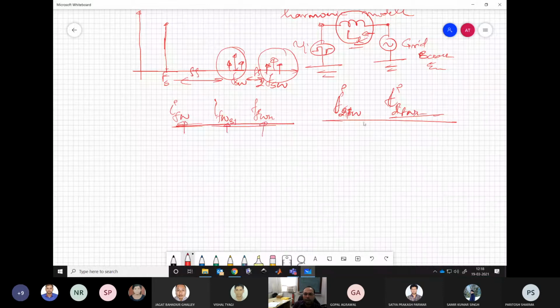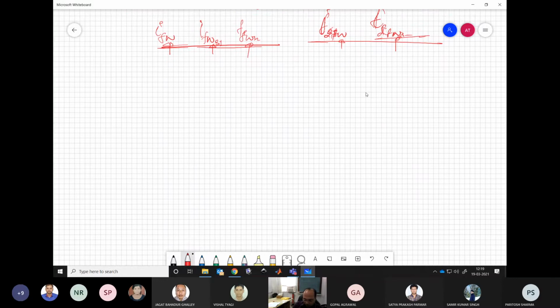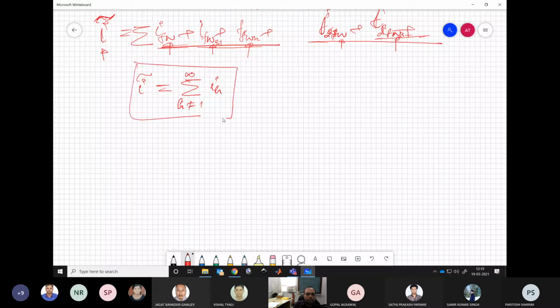Individually, these may not have a very big impact, but because these are coming in big numbers, the collective value could be high. Now, the representation for all this collective value, let's say you sum all these harmonics, that is actually the ripple we are getting on the current waveform or any waveform. So for current, this is basically the sum of all the harmonics from 1 to infinity.